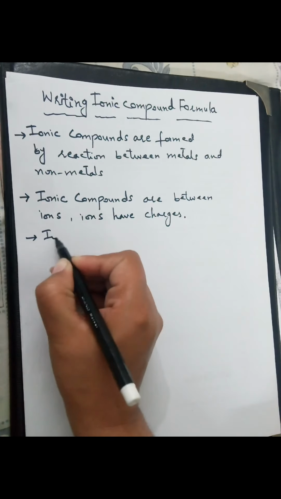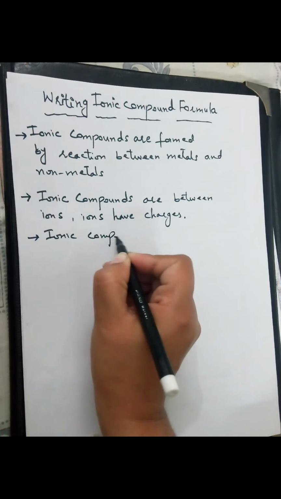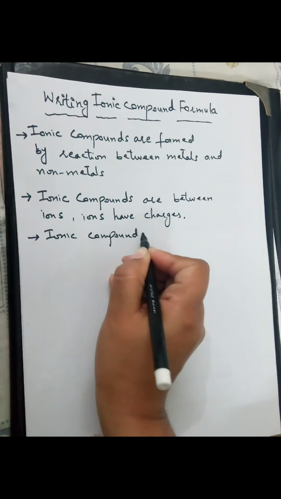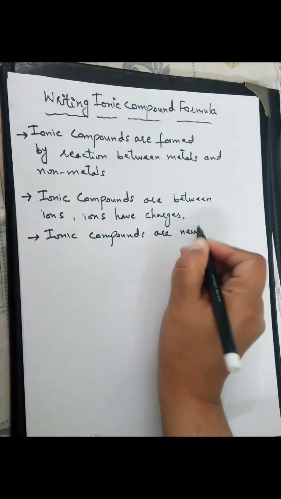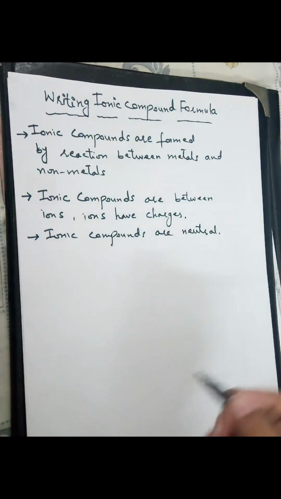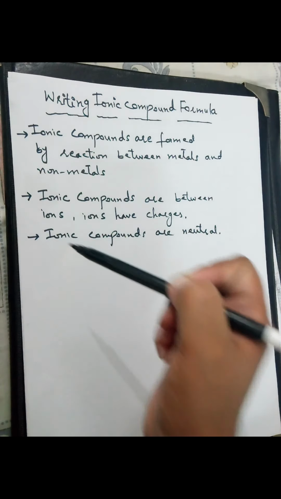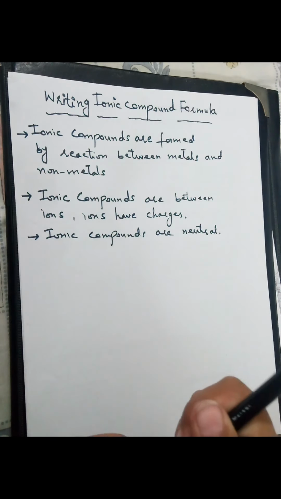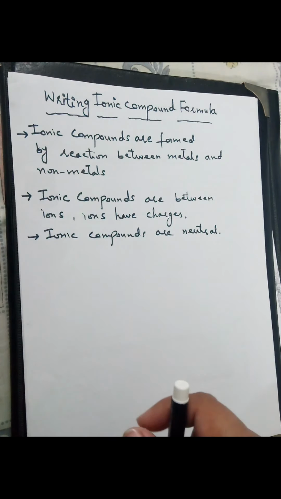Ionic compounds are neutral. Okay, these three things are always memorized or considered before writing the ionic compound formula.